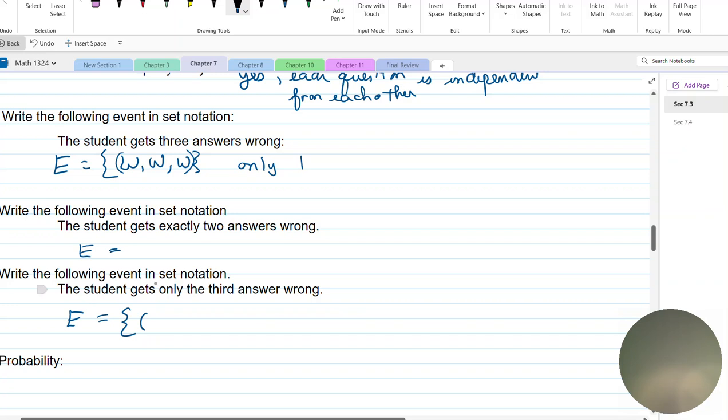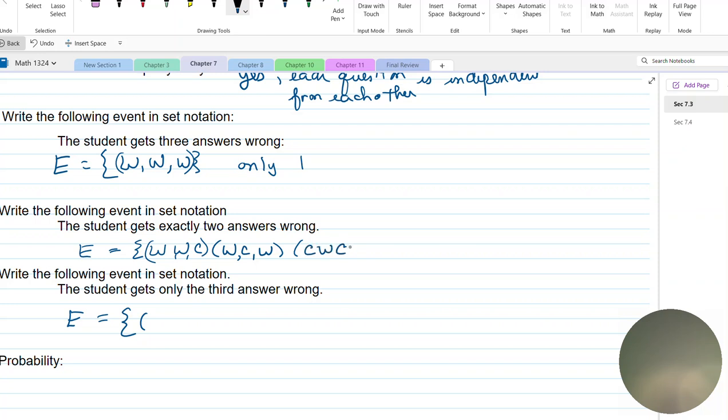Exactly 2 correct, and we had 4 of them.